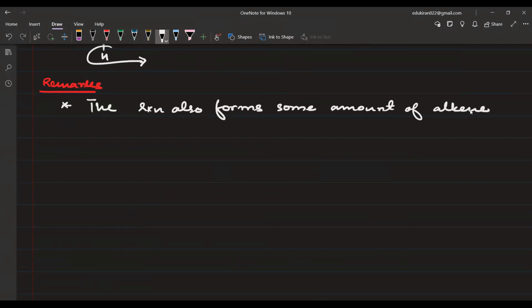Not every reaction is unidirectional. In reactions, there is possibility and probability, and one is going to be more dominant. So in this case, substitution is dominant, but there will always be some amount of alkene forming via elimination. Okay, now write the next step.